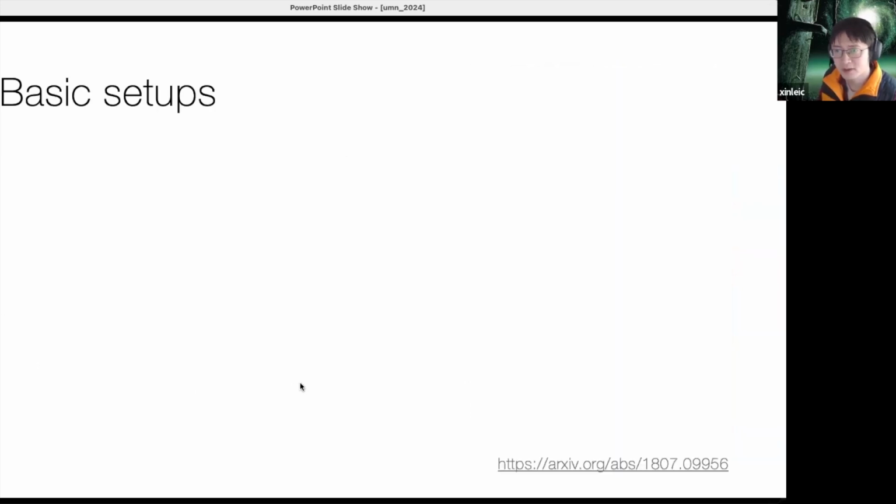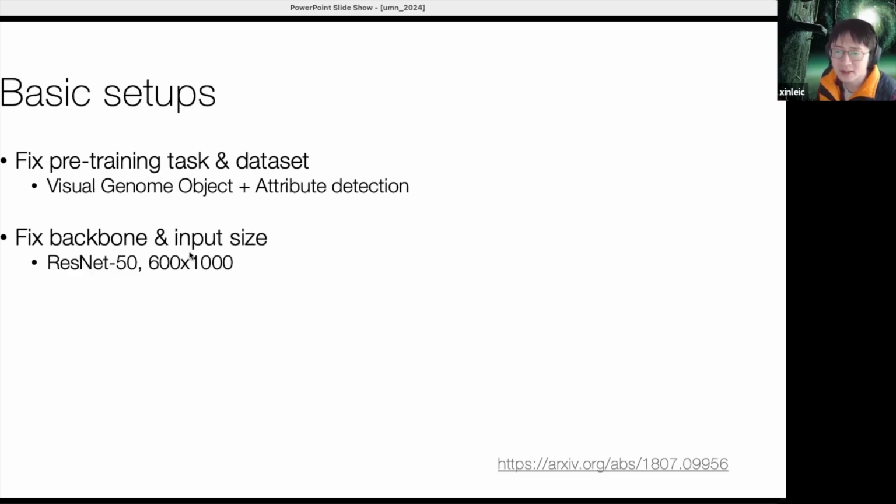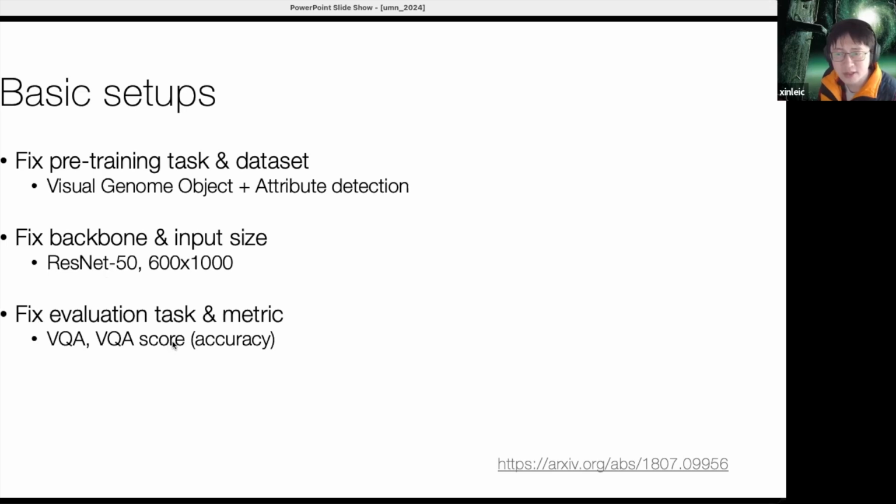So we would like to have a controlled study to understand whether these confounding factors are playing a role there. So the basic setup we had was we fixed the pre-training task plus the data set. So this is Visual Genome detection tasks. We fixed the backbone and input size. So this is ResNet 50 with certain input size. We fix the evaluation task and the metric, VQA and VQA score.